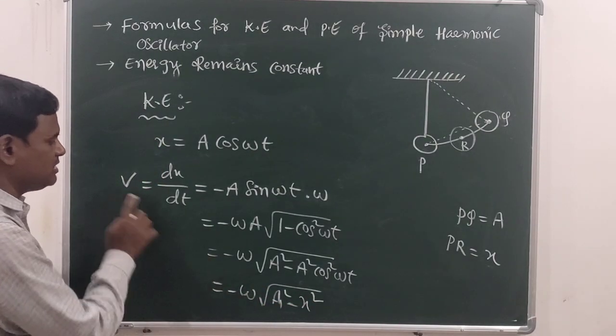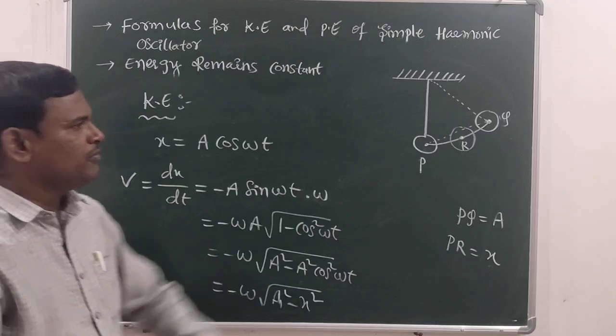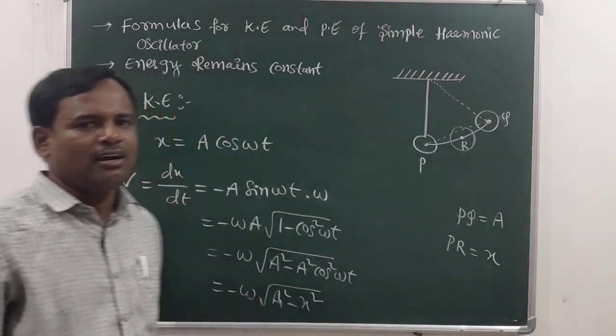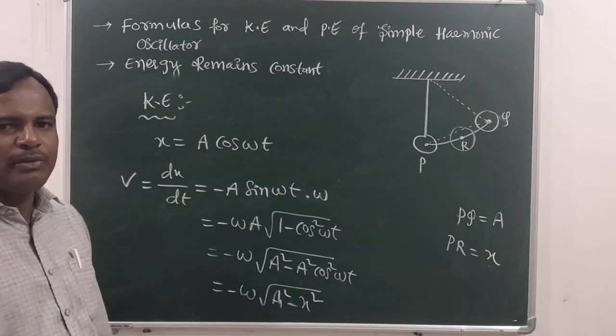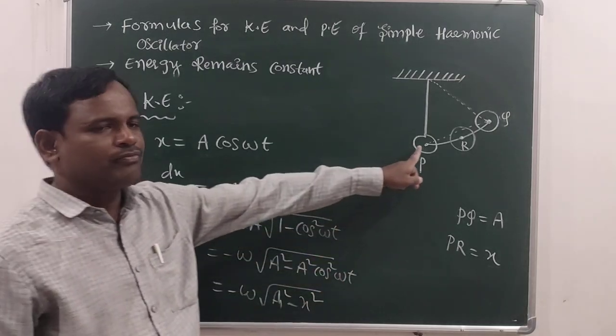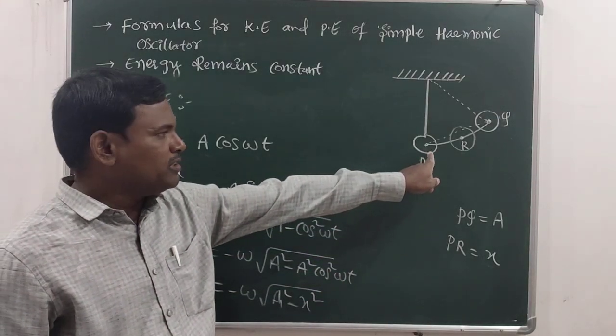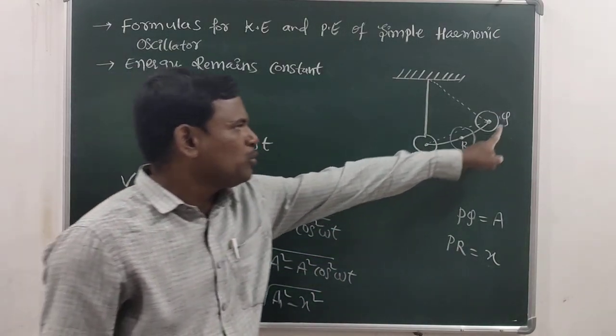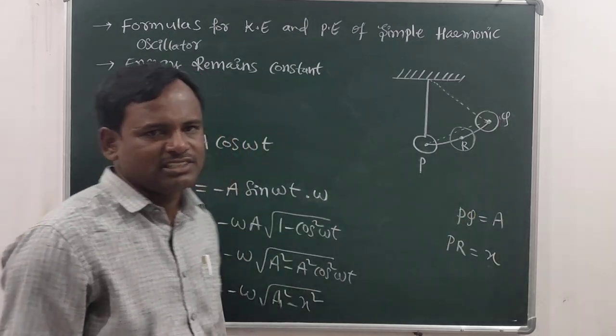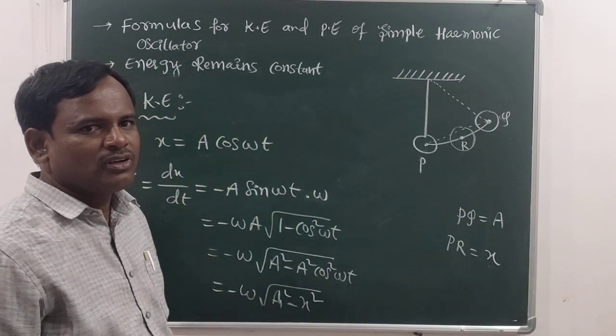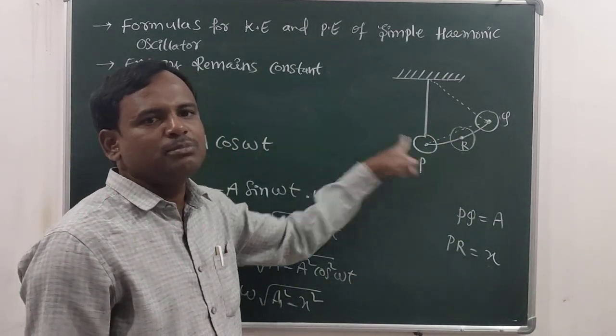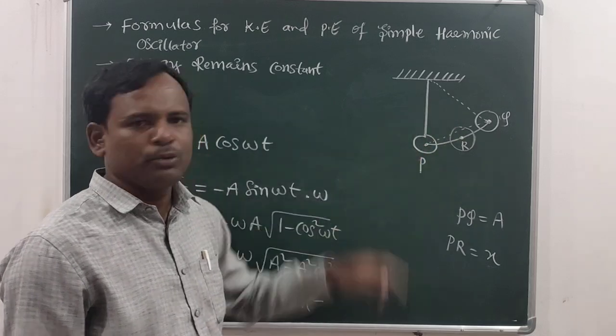This is the velocity of this bob at R. Why did we get a minus sign? Because if this bob moves from P to Q, its velocity decreases. So we will find the maximum velocity of this bob at the mean position only.